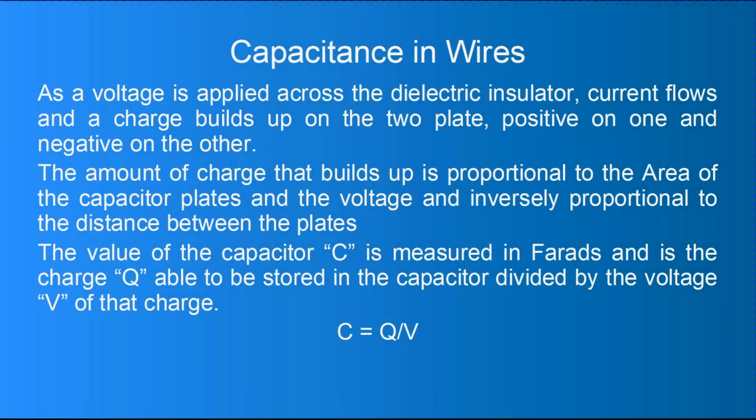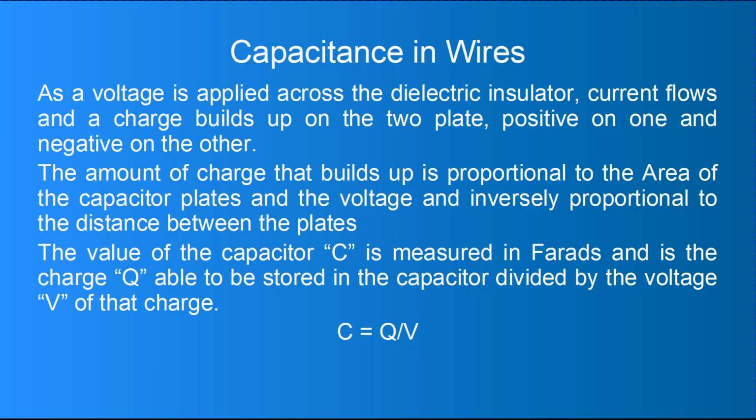As voltage is applied across the dielectric insulator, current will flow and charge up the 2 plates, positive on one and negative on the other. The amount of charge that builds up is proportional to the area of the capacitive plates and the voltage, and is inversely proportional to the distance between the plates.